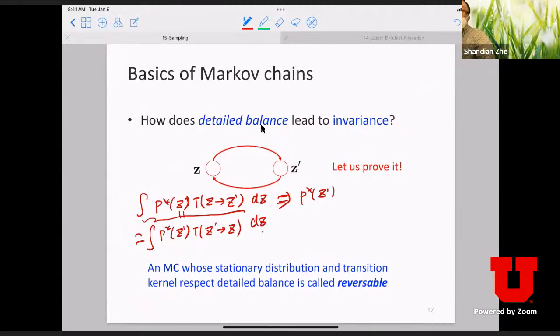But now the integral is still with respect to Z. This transition kernel is essentially a conditional probability of Z given Z prime, and Z prime is not the integral variable, so you can move it out. It's just P star Z prime times the integral of P(Z given Z prime) dZ, which is one. It's a very simple proof which shows why detailed balance can lead to invariance.